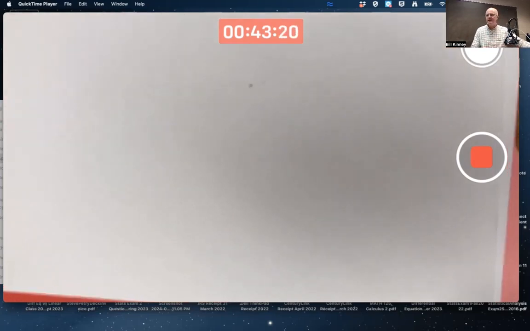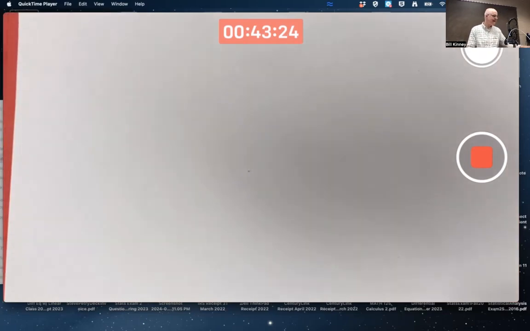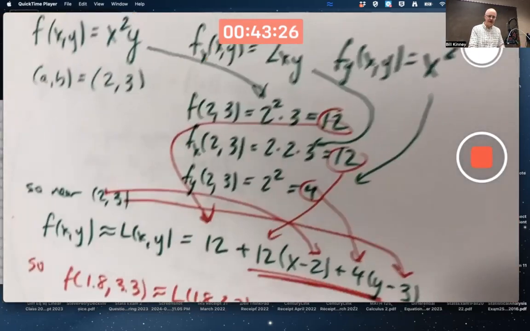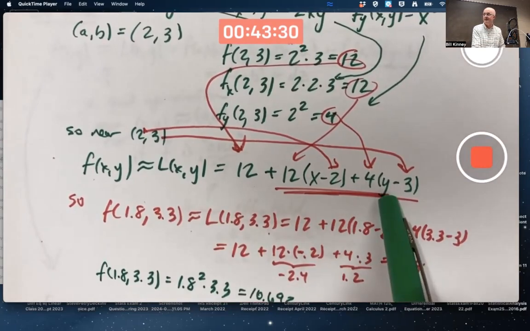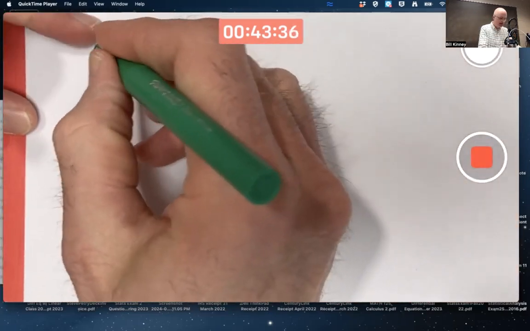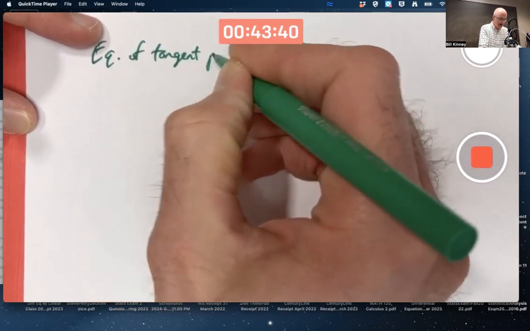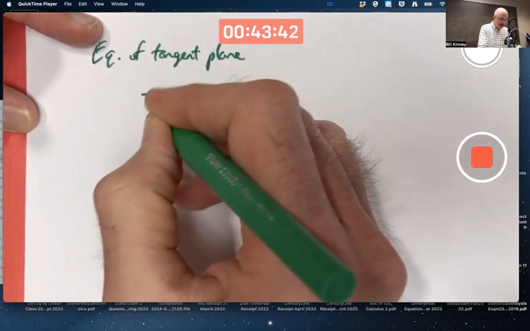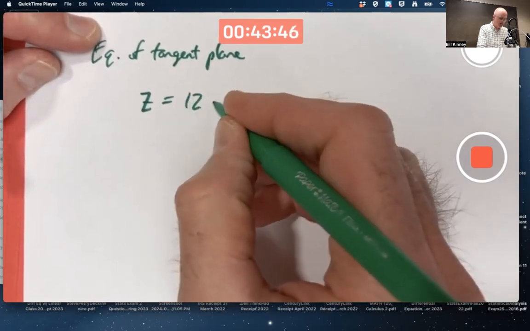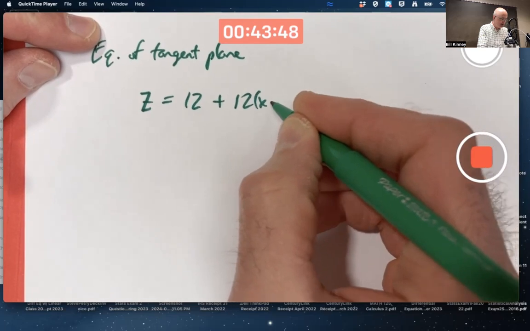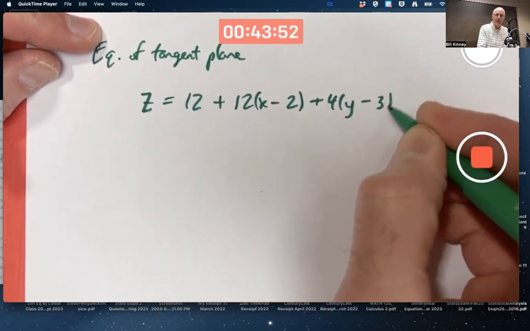In section 12.7, there's also an emphasis on finding the equation of the tangent plane. Well, that's effectively just the equation of L, set equal to z. For the same example here, z equals L of (x, y), where L of (x, y) is 12 plus 12 times (x minus 2) plus 4 times (y minus 3).